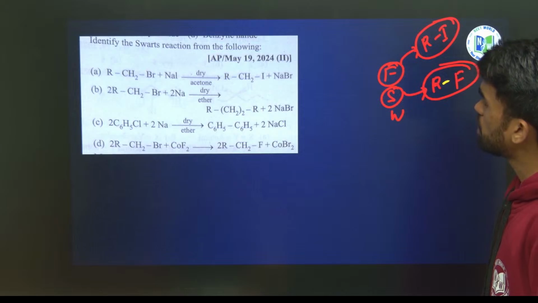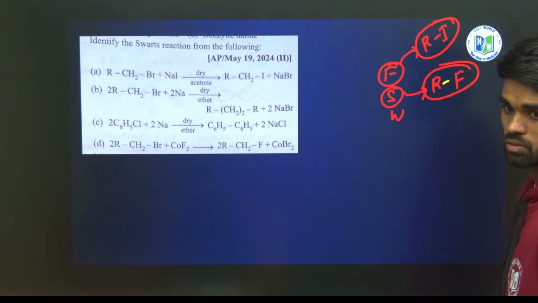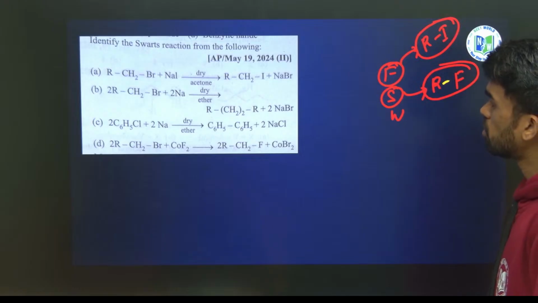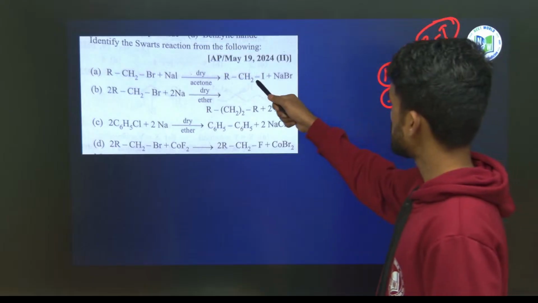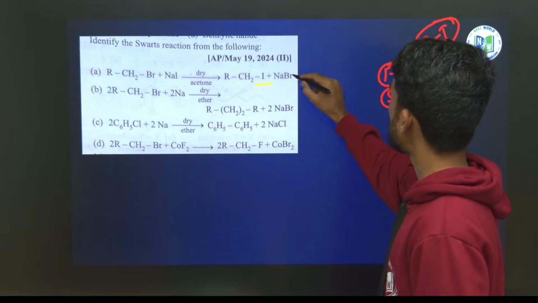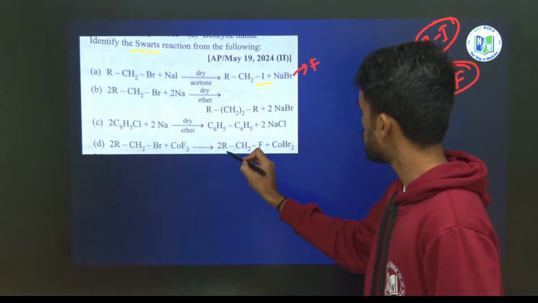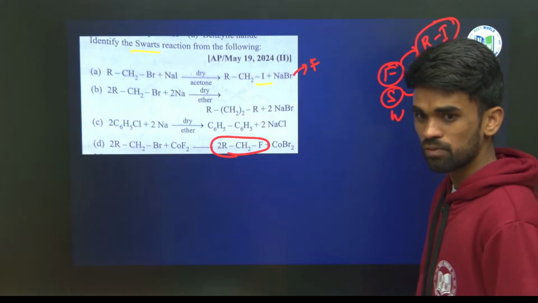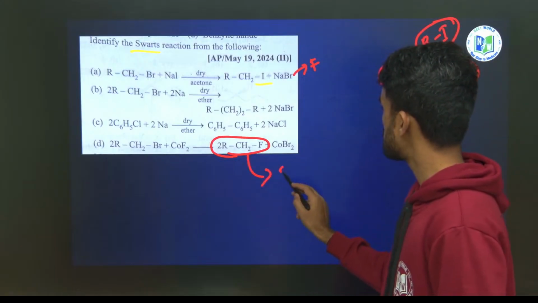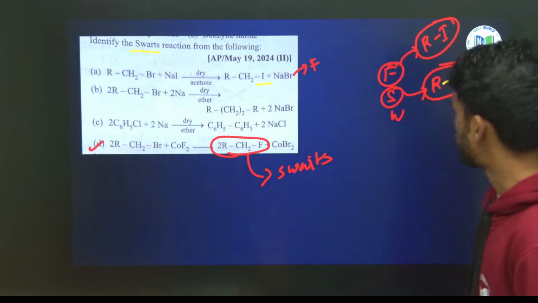Where do we have alkyl fluoride as a product? In this option iodine is there, so this is Finkelstein reaction. They are asking for Schwarz. So if you look at this, this is alkyl fluoride, so D will be the perfect answer.